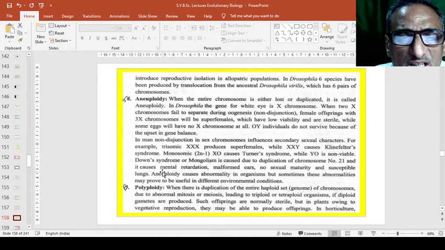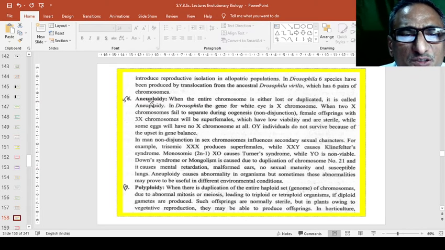In man, non-disjunction shows XXX, generally called super females, and XXY, generally called the man with Klinefelter syndrome. And X0, meaning one is lost, causes Turner syndrome, while Y0 is non-viable. Down syndrome or Mongolism is caused due to these genetic changes in aneuploidy.